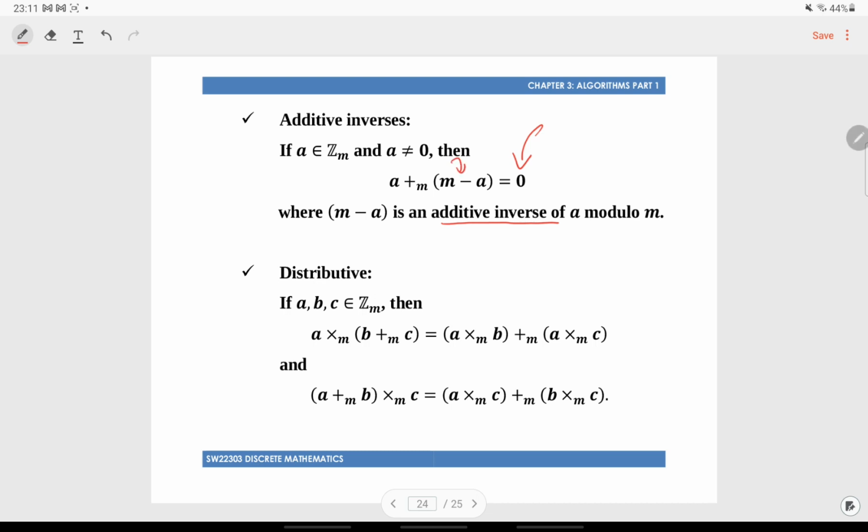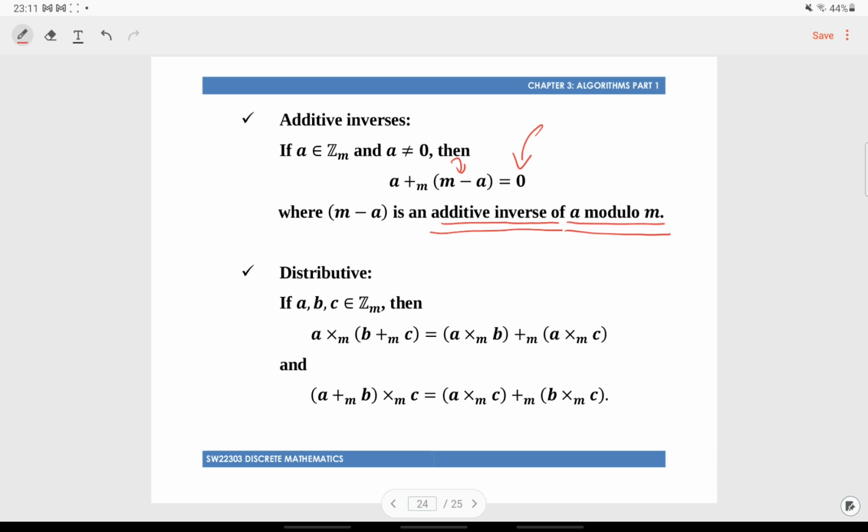So m minus a is an additive inverse of a modulo m. We have to write all these terms completely because we have the modulo operation. We cannot simply say that m minus a is an additive inverse of a without the modulo m, because we play with the set of integers modulo m. So we have to say this sentence completely: m minus a is an additive inverse of a modulo m.